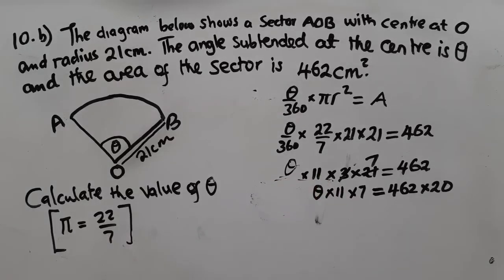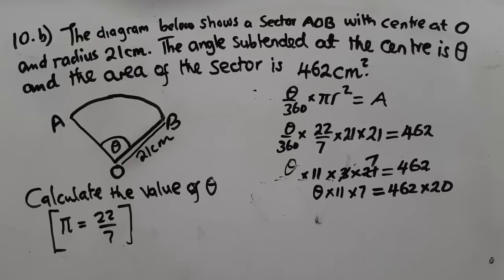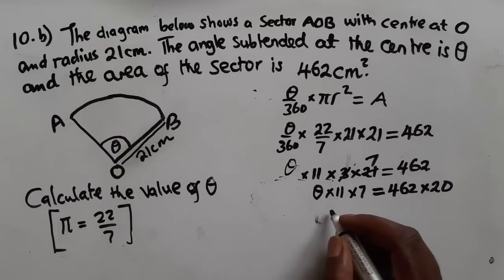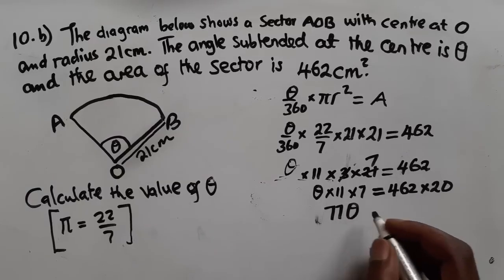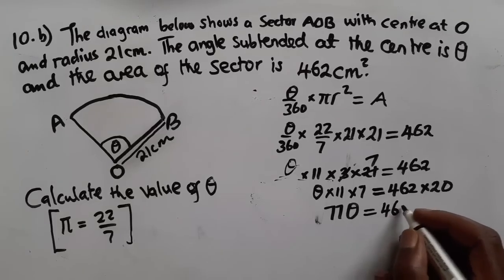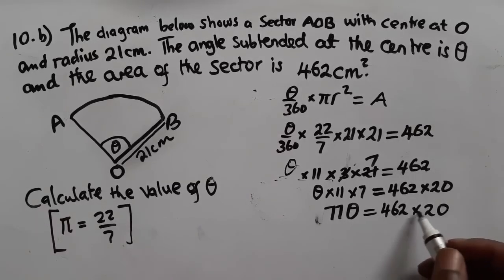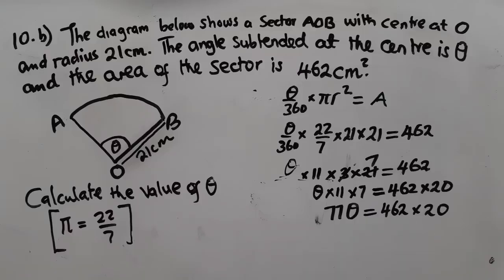Now, we have to begin to work out on both sides and simplify to see what we are going to get. So we are going to have 77 theta is equals to 462 multiplied by 20. Usually I don't like multiplying these two because we do not have a calculator, so we are increasing the size of the value.